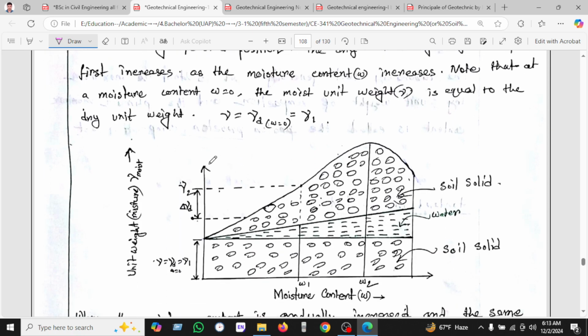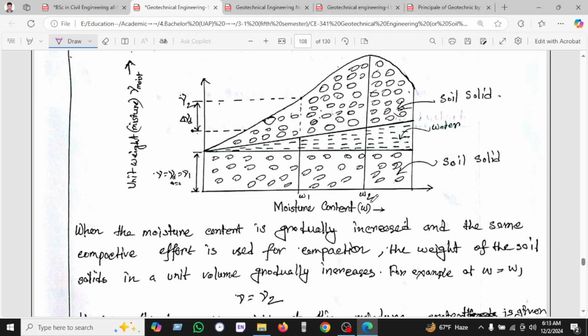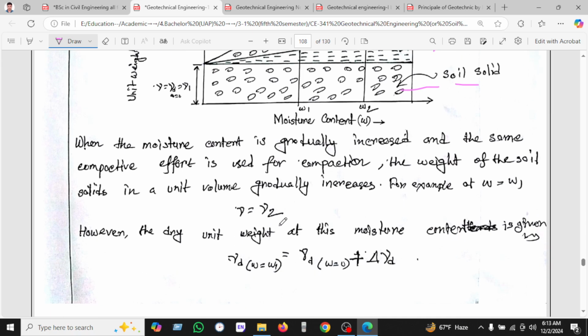Okay, so we can see here moisture content increasing on the x-axis, and the y-axis is the moist unit weight. This portion is soil solid, this is water, and this is also soil solid.